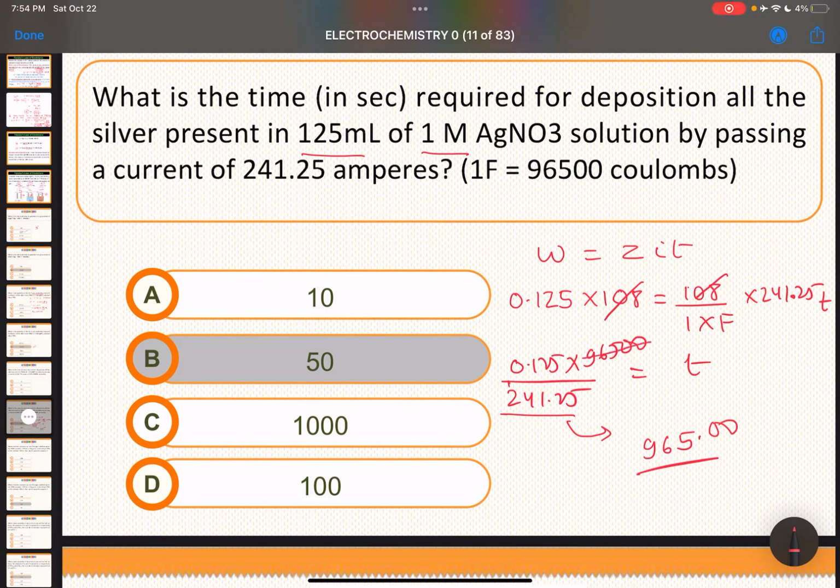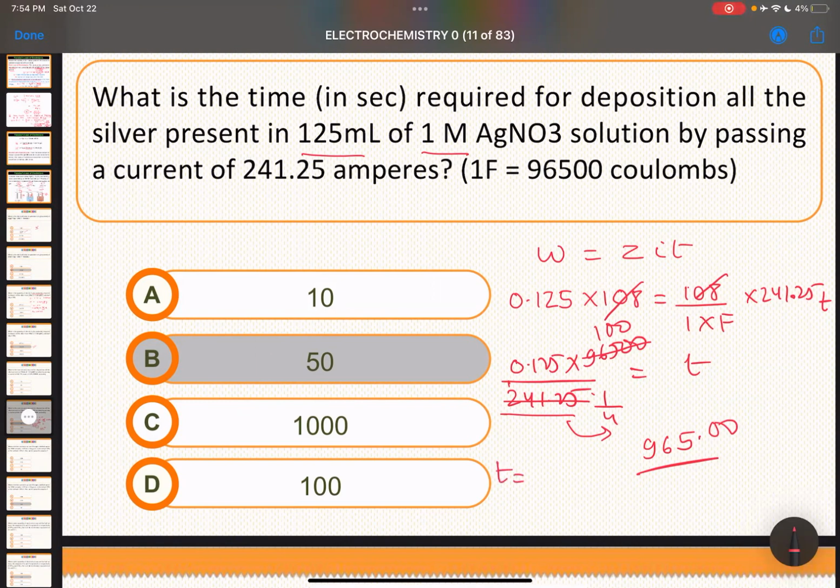So 965 into 100 is 965 and this is 1/4 of 965. So I can write it as 1/4 of 965. You can calculate it slowly. I did it very quickly.